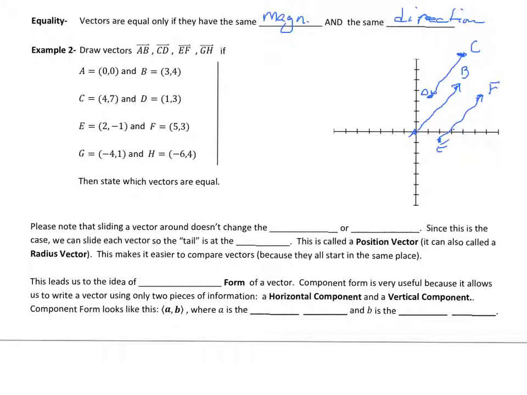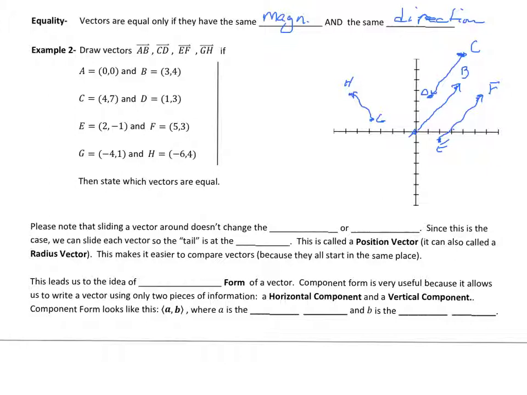And then GH, G is at -4 and 1. And H is at -6 and 4. Okay, there's GH. All right. So there are all of our vectors.